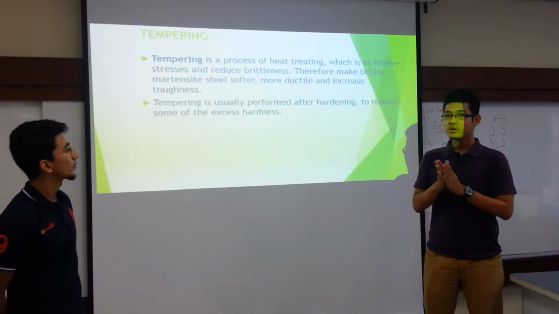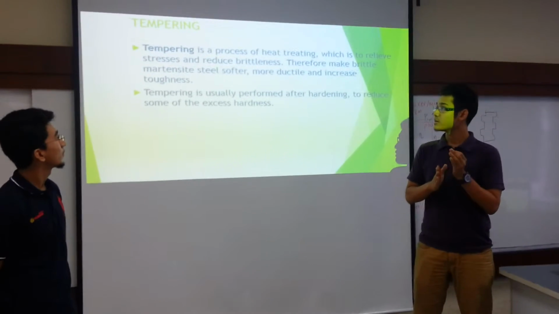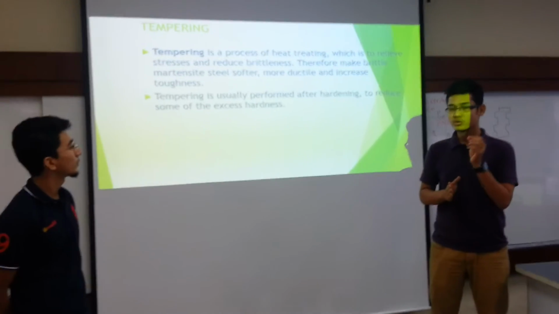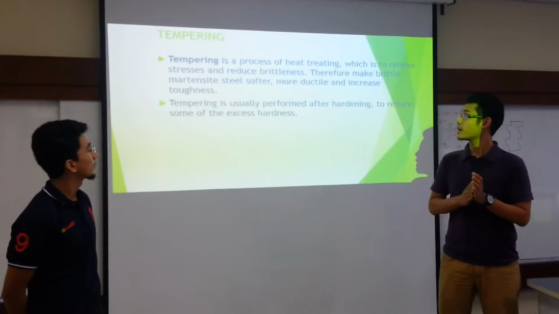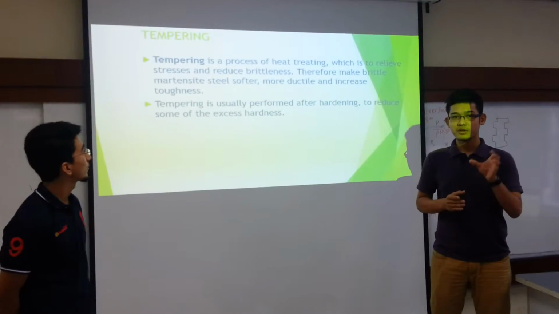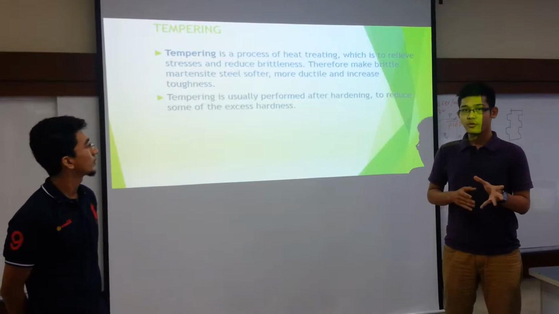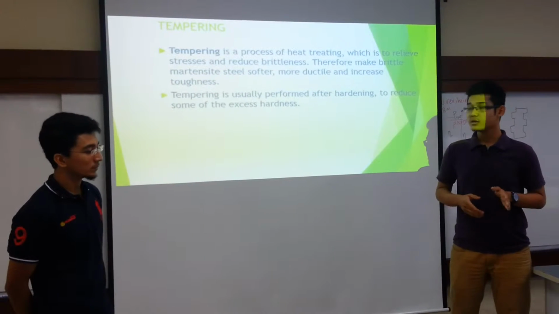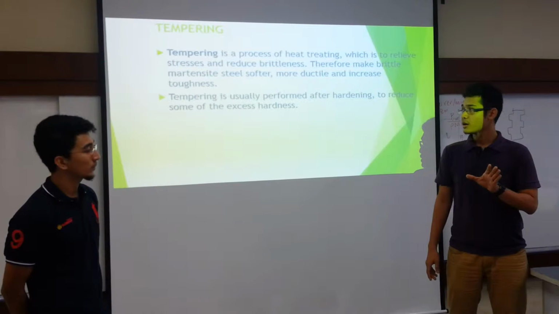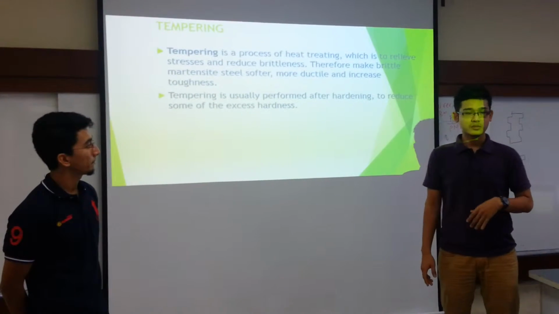Therefore, it will make the brittle martensite steel softer and more ductile, and also increase the toughness of the steel. Tempering is usually performed after hardening to reduce some of the excess hardness.